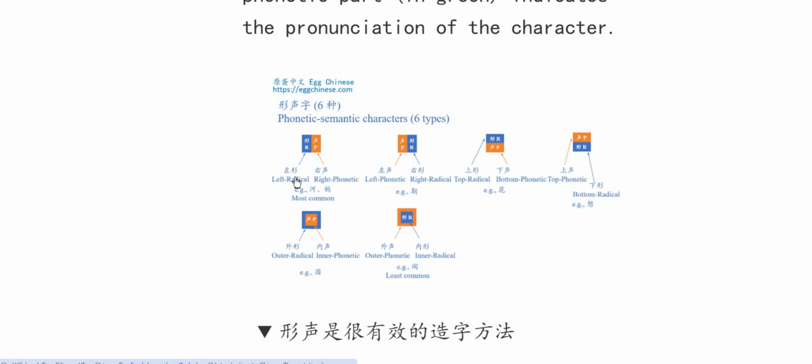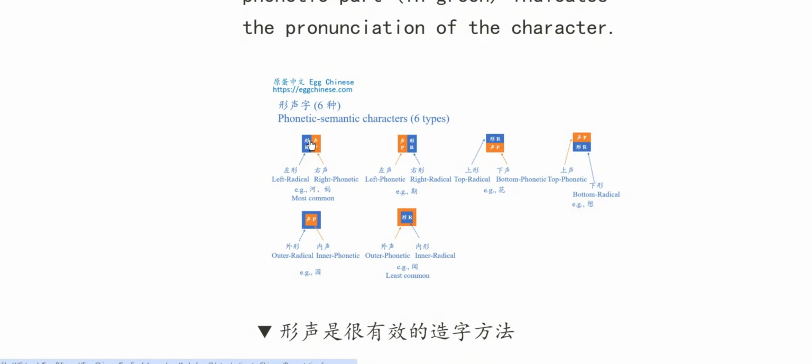So we can see here we have 6 types of phonetic semantic characters. The first type is radical on the left, and phonetic part on the right.